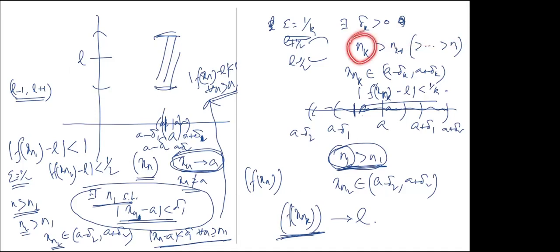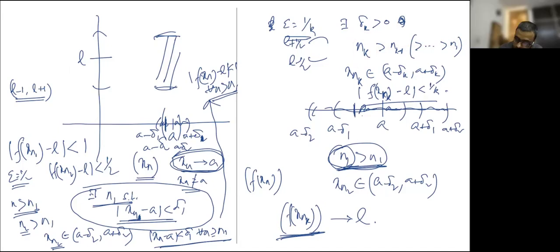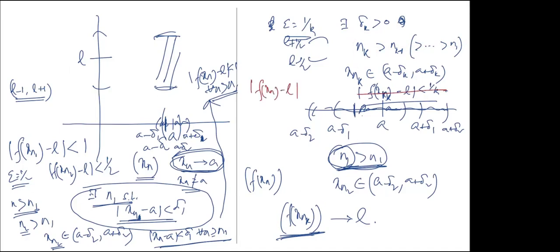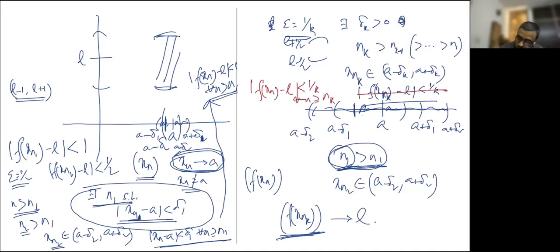So there exists an n_k such that f(x_n) is close to L for all n greater than n_k. Because here also you will have the same, x_n would be this for all n greater than n_k, right? So the argument is already here. It's just that by looking at a subsequence, we just completely went off track.